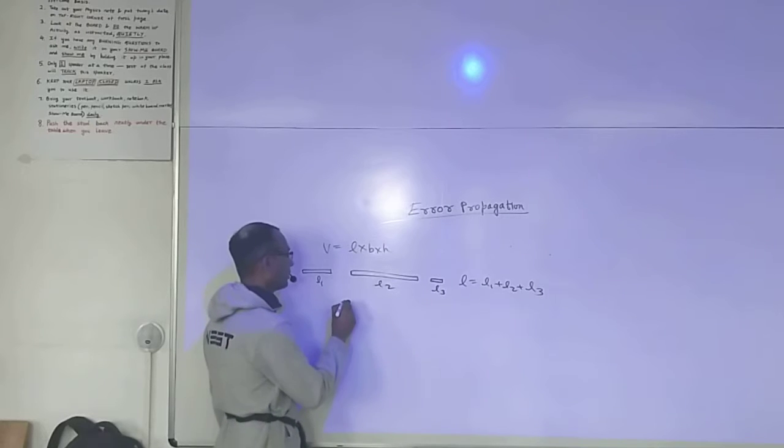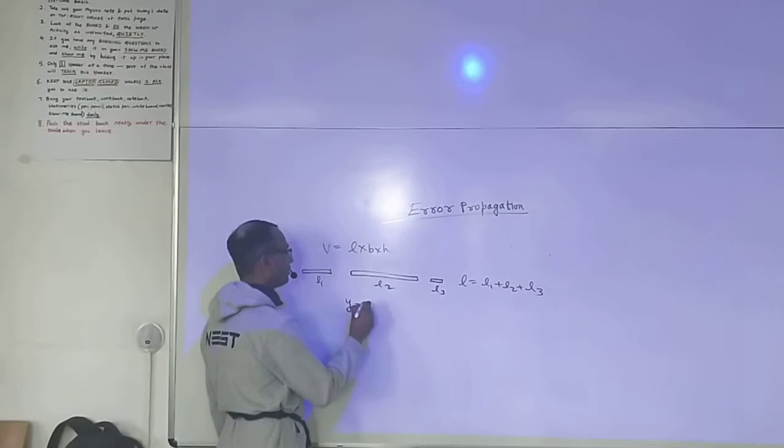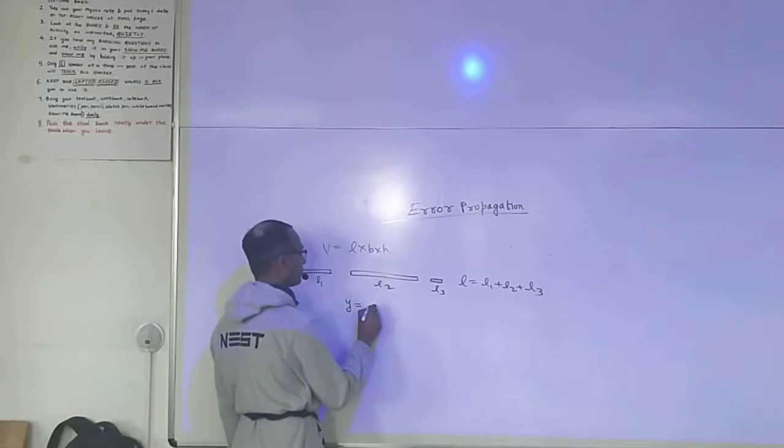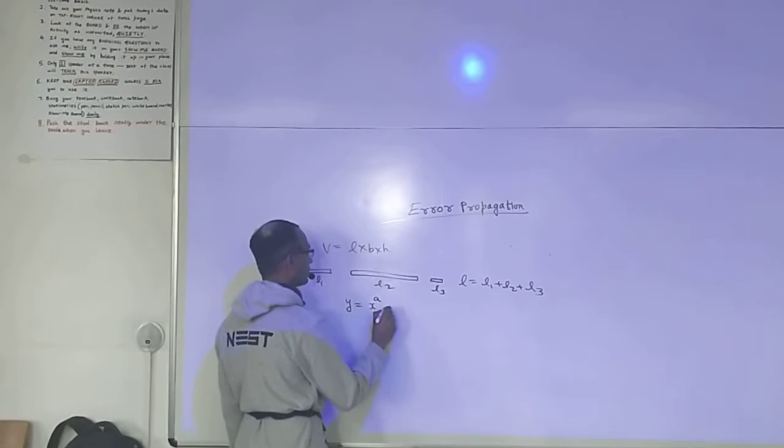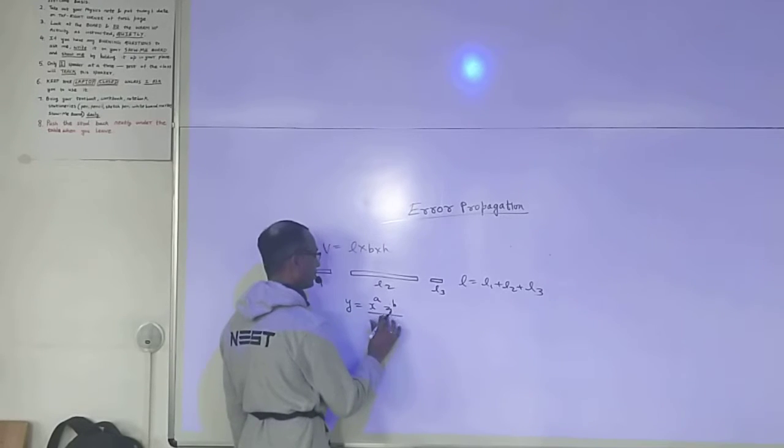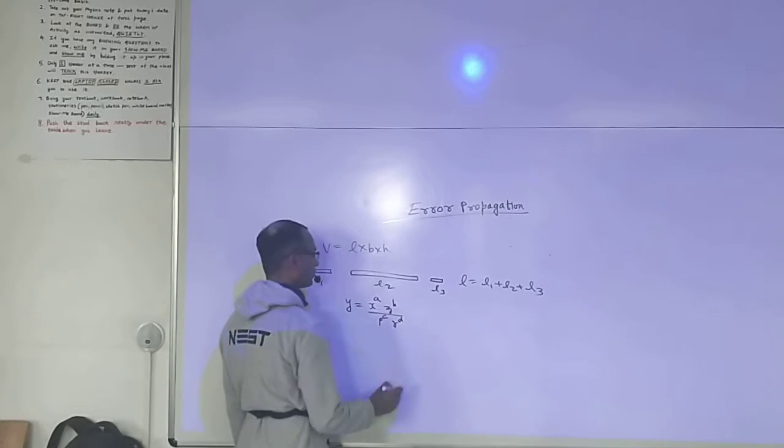And let us say you have a function y equals x per a, z per b, p per c, r per d.